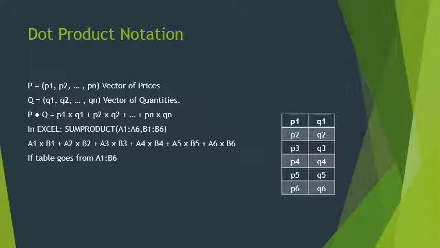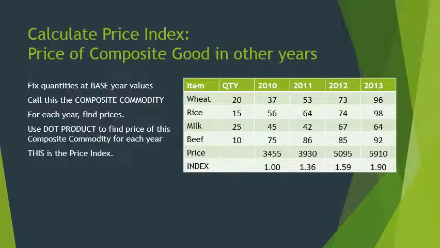So if this table is in Excel columns from A1 to A6 and the second one is from B1 to B6, if you say SUMPRODUCT of A1 colon A6 comma B1 colon B6, then Excel will multiply the prices by the quantities and add up all of these. So this is the easy way to get the price times quantity, which is the total that we need for these calculations. We've already discussed this in previous lectures, but we review this. How do we calculate a price index?